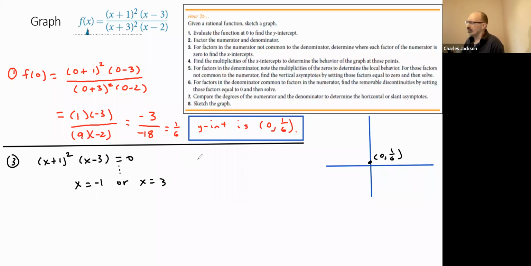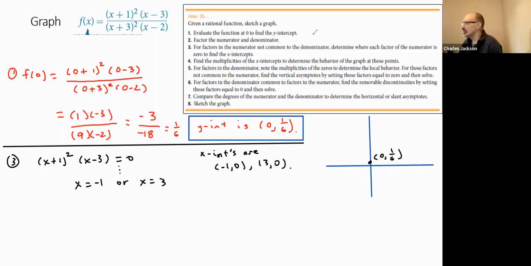Okay, so the x-intercepts are -1, 0, and the other x-intercept is 3, 0. I hope that's clear that these are the solutions to this equation, right?